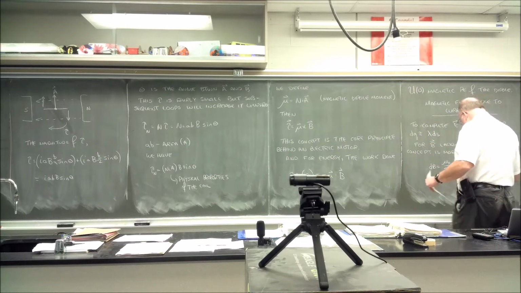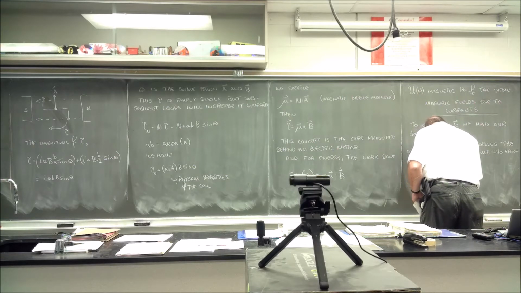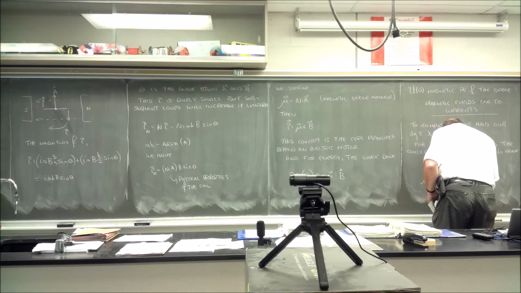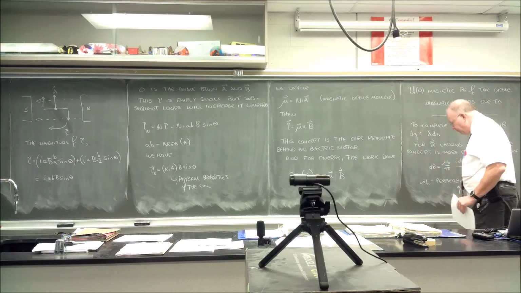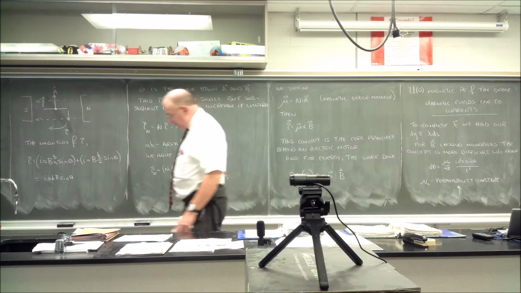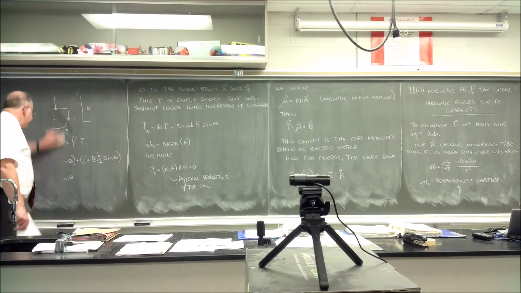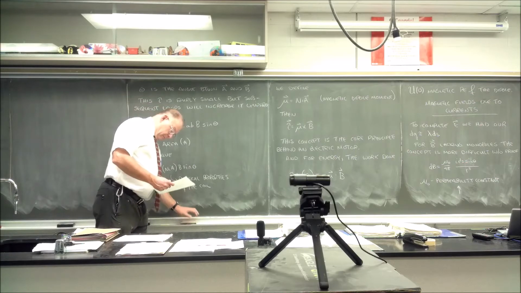Now, mu naught is called the permeability constant. Now, because there's a B in there, it reminds me of magnetic fields, whereas the permeability constant in the case of electric fields is different. Okay.